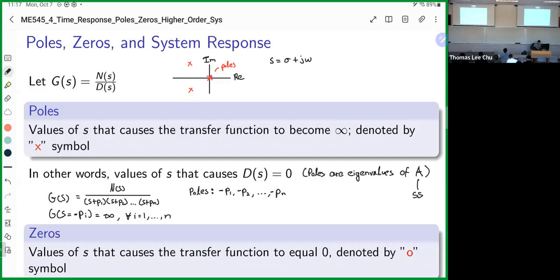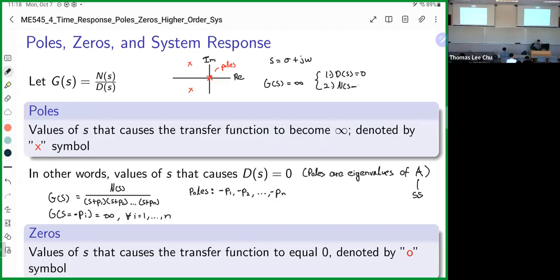But there is a case where G of s is equal to infinity. And so the first case is when D of s is equal to 0. What about the second case? What does N of s have to equal? Infinity. Yeah.